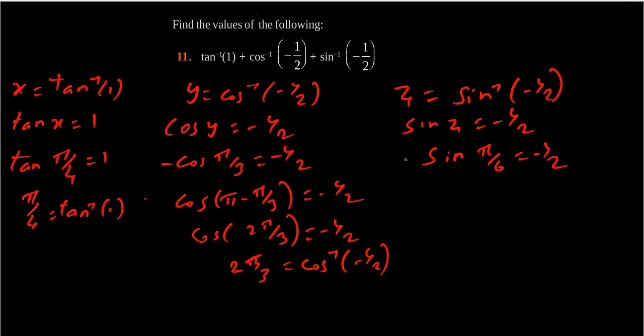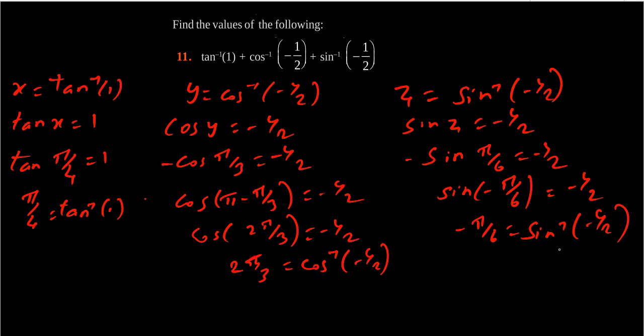So bring negative sign on both sides. So sine of minus theta equal to minus sine theta. So minus sine theta equal to sine of minus theta we can write. So sine of minus pi by 6 is equal to minus 1 by 2. So minus pi by 6 equal to sine inverse of minus 1 by 2.